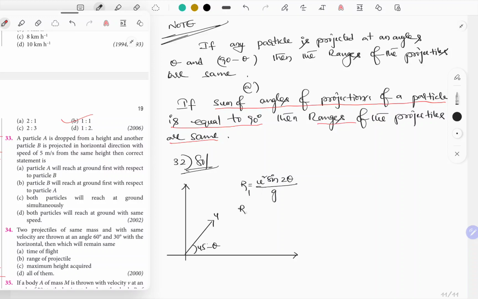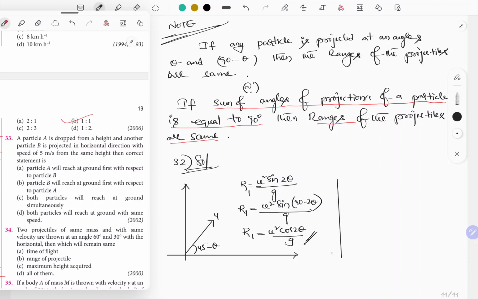Let's say r1 is equal to u square sine of (45 minus theta), which is nothing but 90 minus 2 theta, divided by g, correct? So what is sine of 90 minus 2 theta? It is going to be cos 2 theta. You are going to get r1 is equal to u square cos 2 theta divided by g. This is the range of the first projectile.